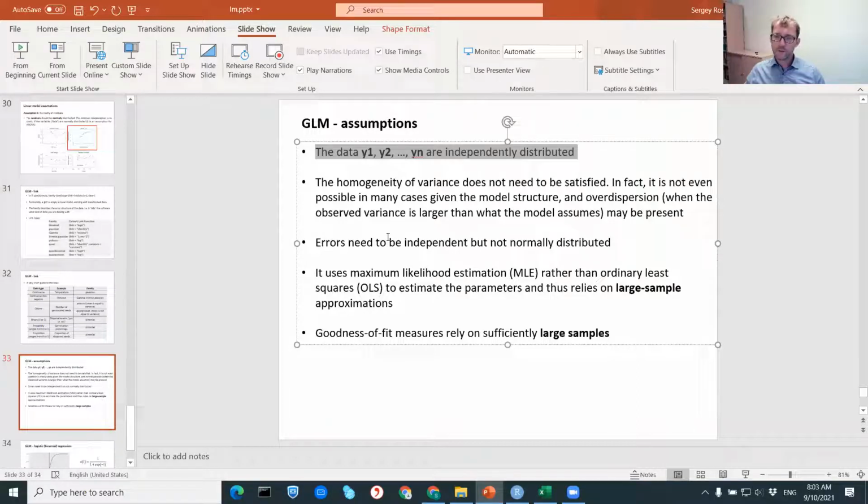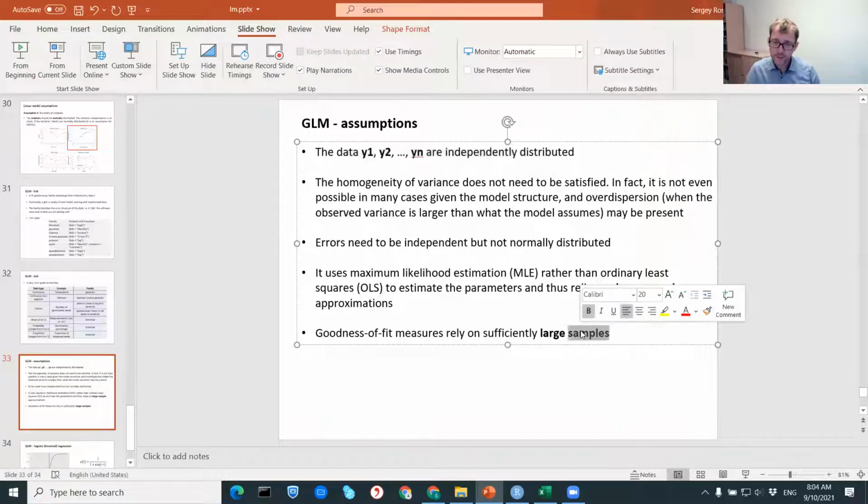This framework uses a slightly different algorithm to estimate the parameters. A very important note is that this algorithm relies on large sample approximations. So if you want to get a strong fit, you require comparatively large sample sizes, to provide the model with more data to answer your questions.